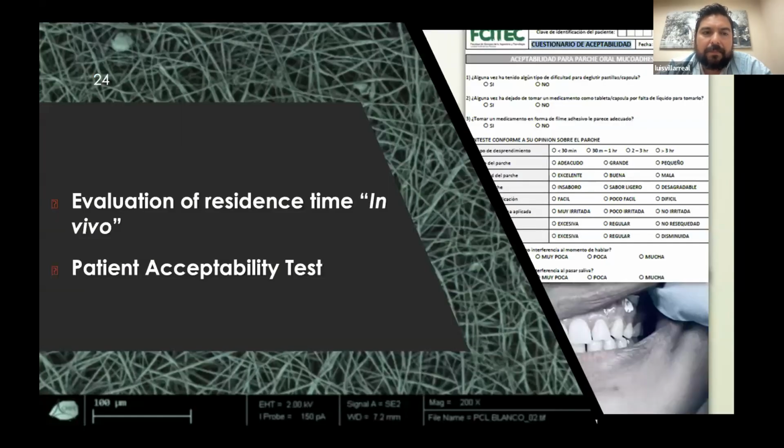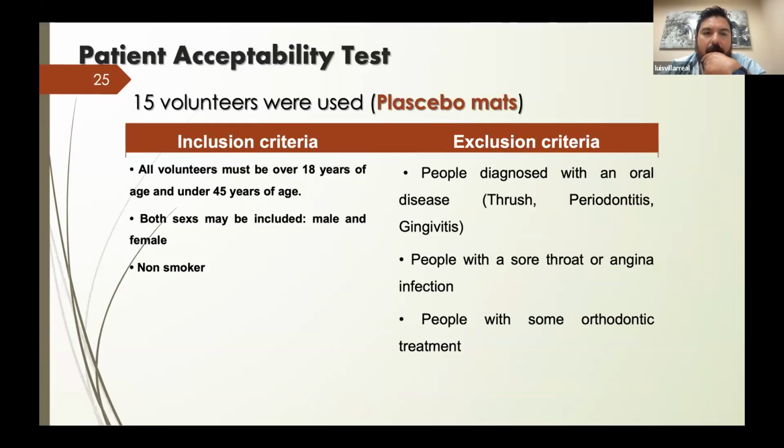And for those results, such as cytotoxicity in vitro and in vivo in small animals, we perform a patient acceptability test in humans, in volunteers. We use 15 volunteers, and we only put placebo mats, without the dexamethasone drug.